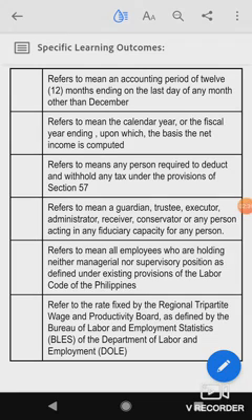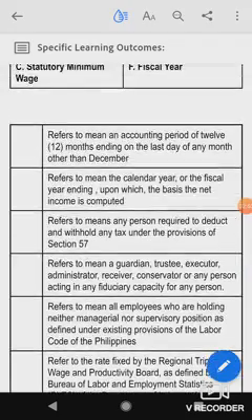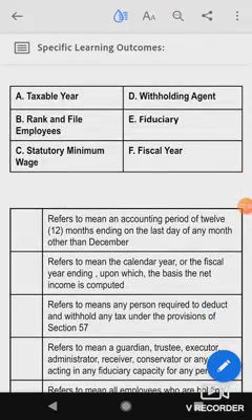The last definition refers to the rate fixed by the Regional Tripartite Wage and Productivity Board as defined by the Bureau of Labor and Employment Statistics and the Department of Labor and Employment. So we have to match these definitions with the 6 words from A to F.